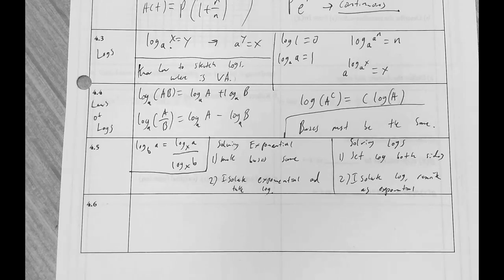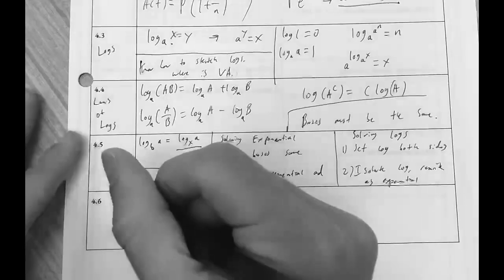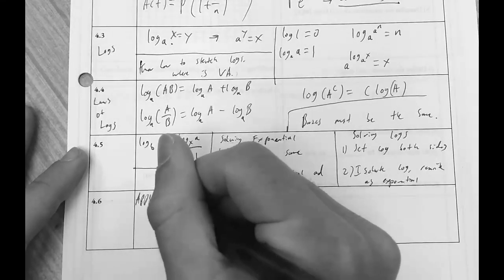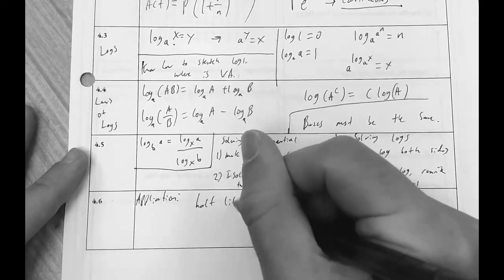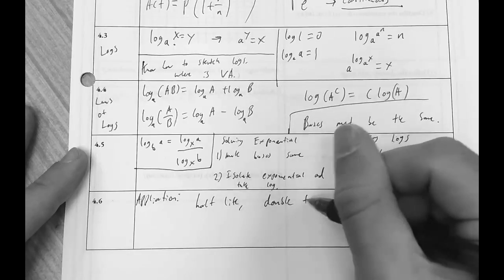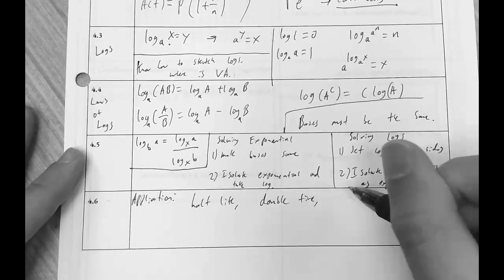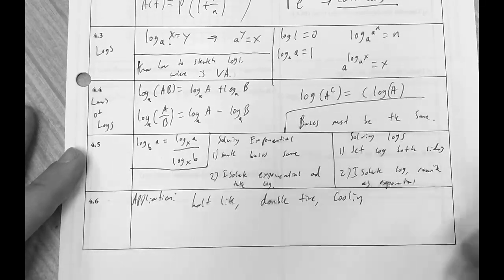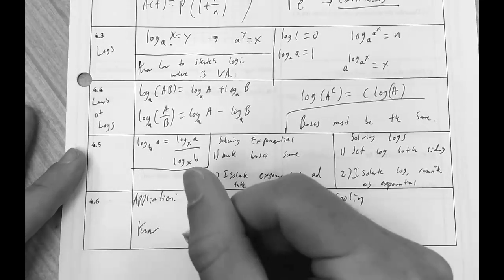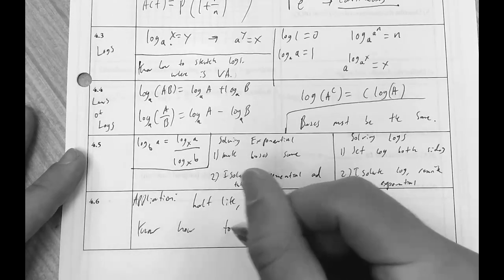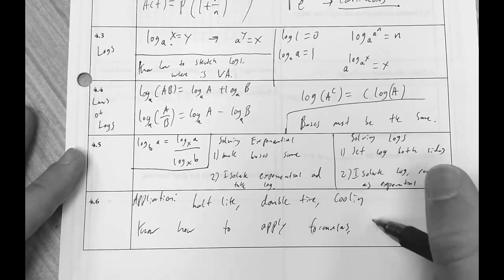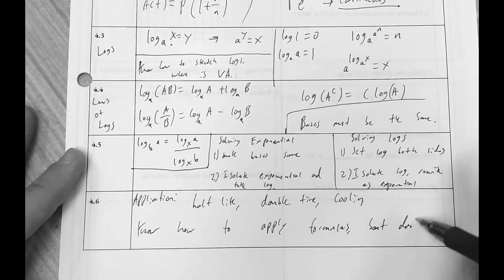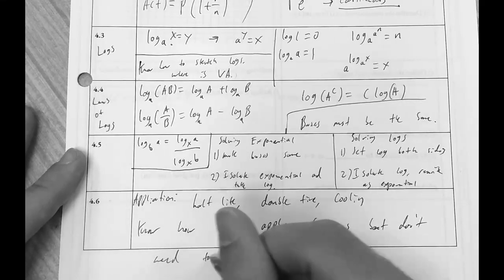Then we have 4.6. So 4.6 is the modeling or the applications. And for here you have the half-life, double time, and cooling. You want to know how to apply the formulas, but don't need to memorize.